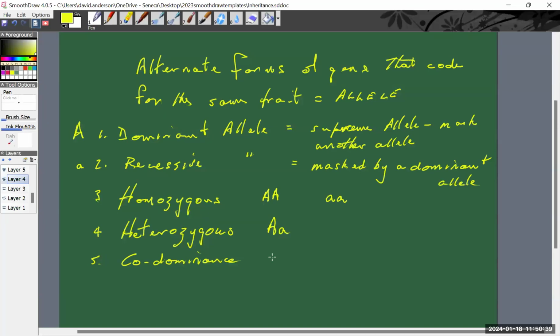So in that example, we have blood that's described as being type A. We have blood that's been described as type B. And you can have a situation where somebody has type A blood either because of homozygous dominance or heterozygous dominance.